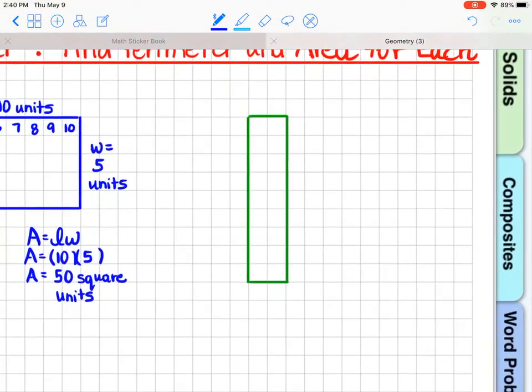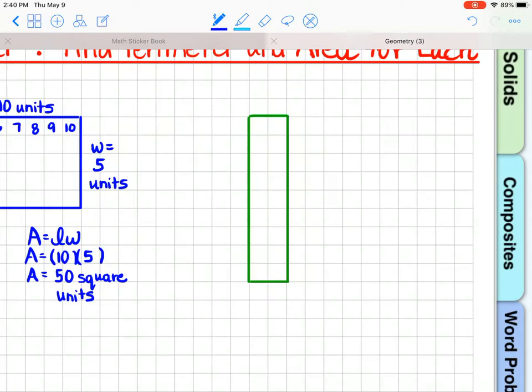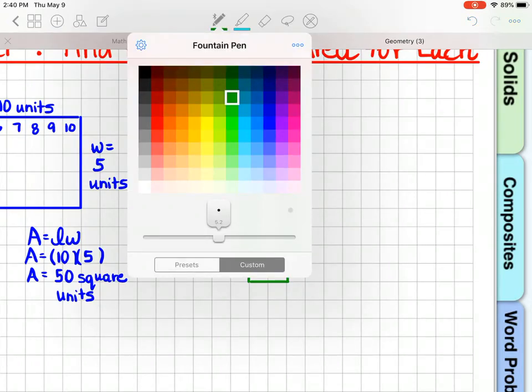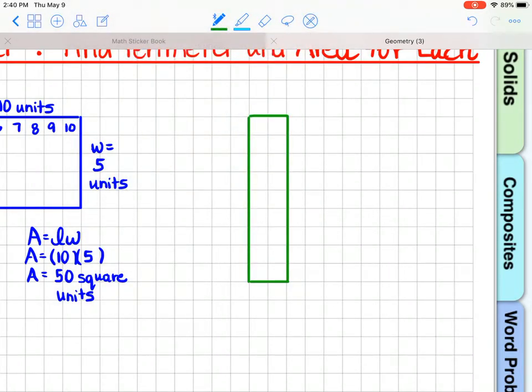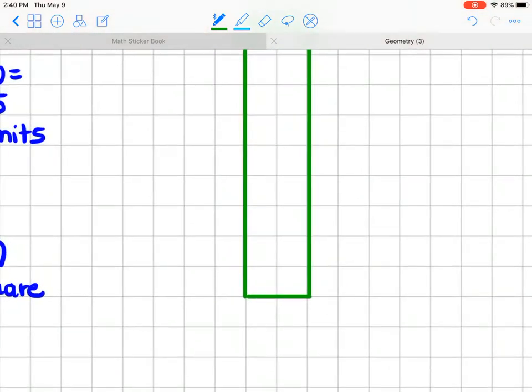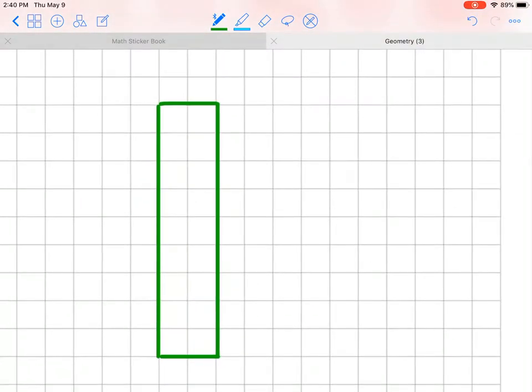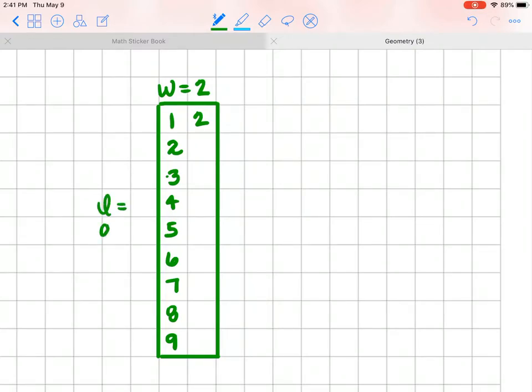Okay, the other rectangle, which is this one. And I need to first of all calculate the dimensions. On the test they'll give them to me, but here I need to know that width is 2, 1, 2, and the longer side is 9, so L is 9 units.